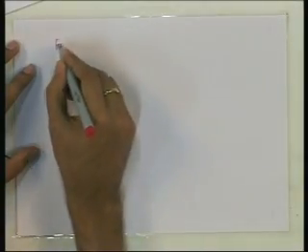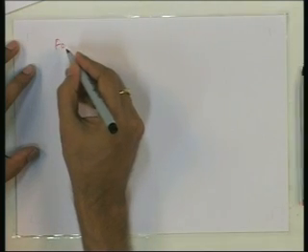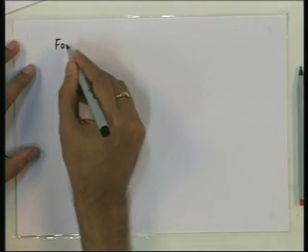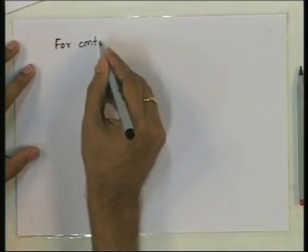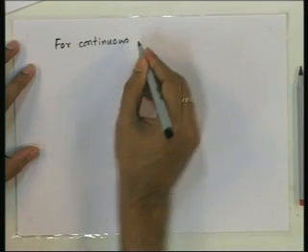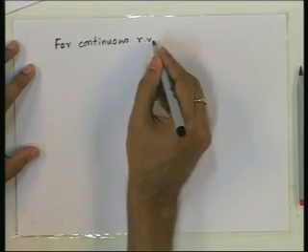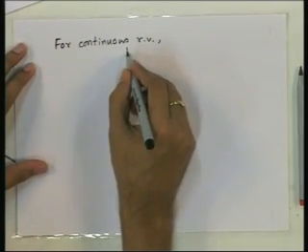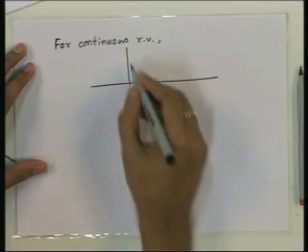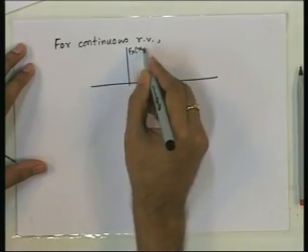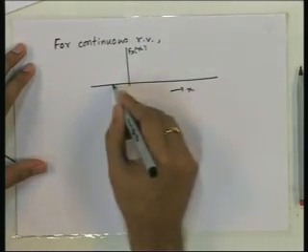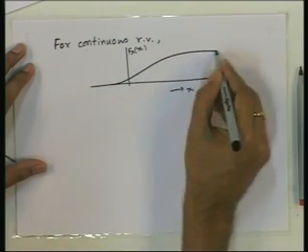So, for a continuous random variable, a typical cumulative distribution function may look like this.